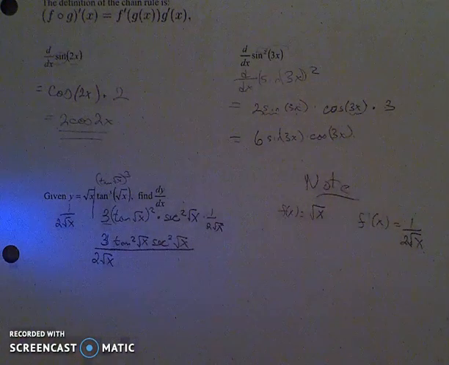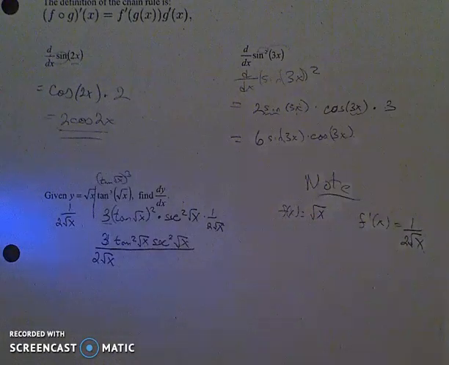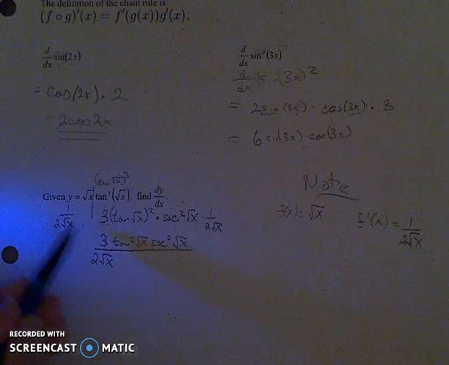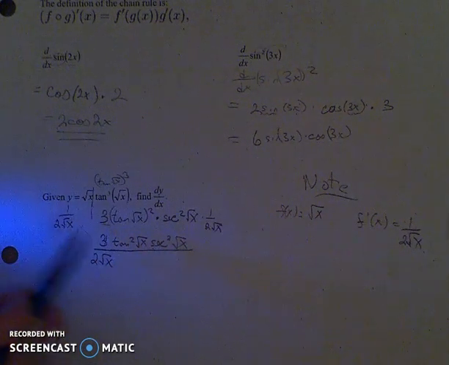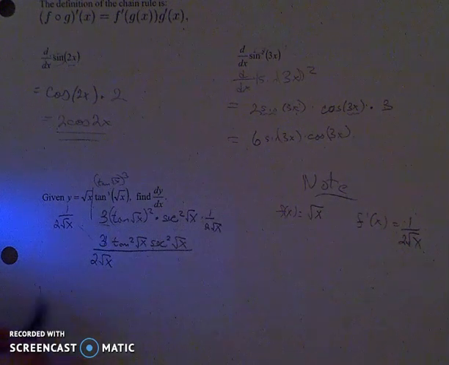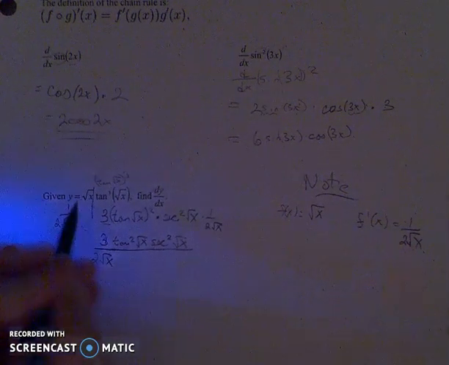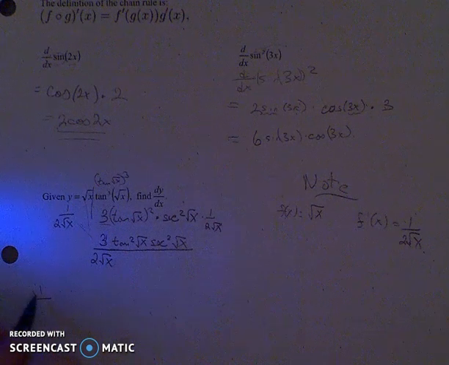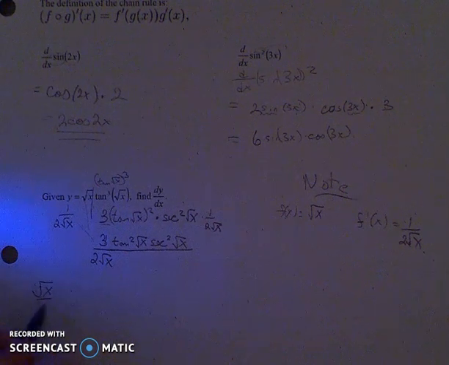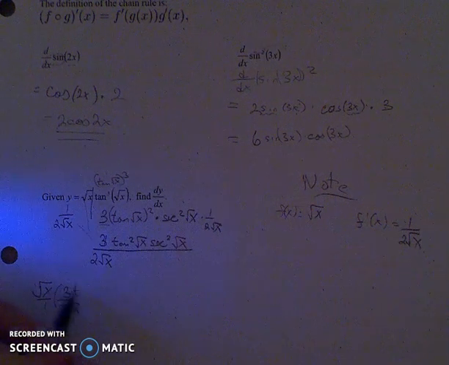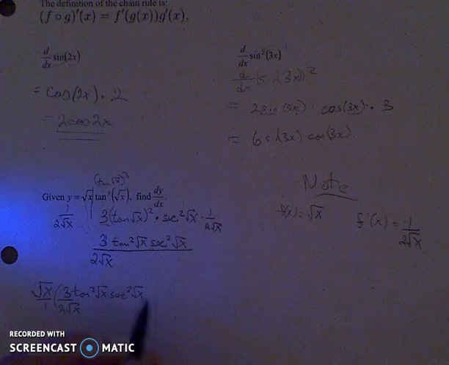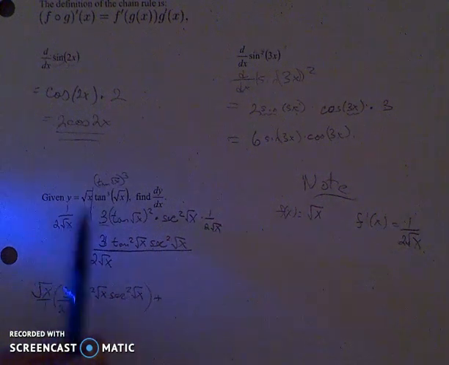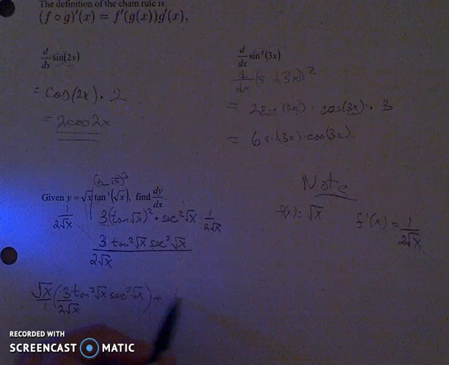So we are going to here cross multiply, do the derivative of the first times the second plus the second times the derivative of the first. So we'll go there. So 1 over square root of x multiplied by 3 over 2 square root of x, tan square root of x, secant square root of x, plus those 2.